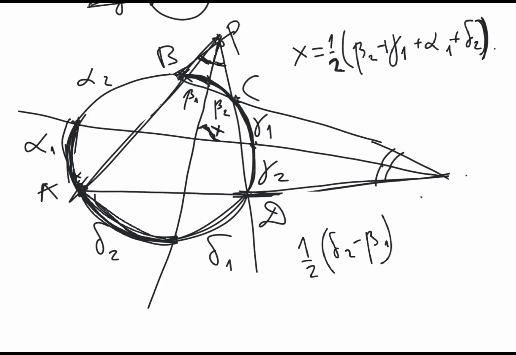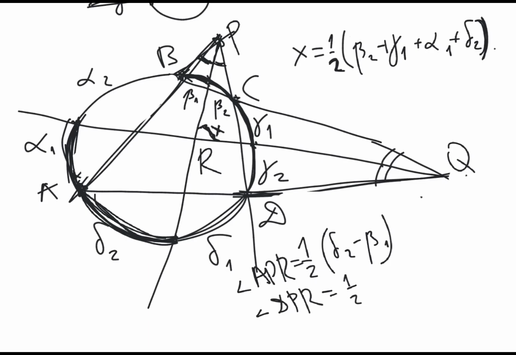So if this is P and Q, right? And this is R. So this is angle APR. APR is equal to this, and it should be equal to the angle DPR, and this is equal to 1/2 of delta 1 minus beta 2.